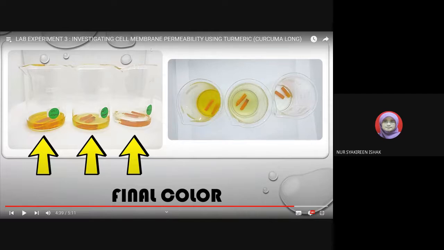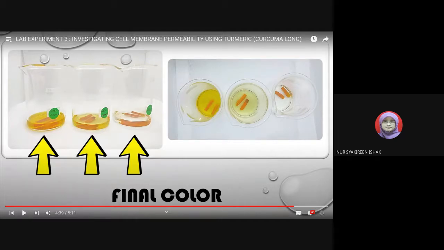Okay, so understand? For your result, you have to construct your own table to record the data. In the table, one column is the different solutions: 100% ethanol, 25% ethanol, and distilled water.